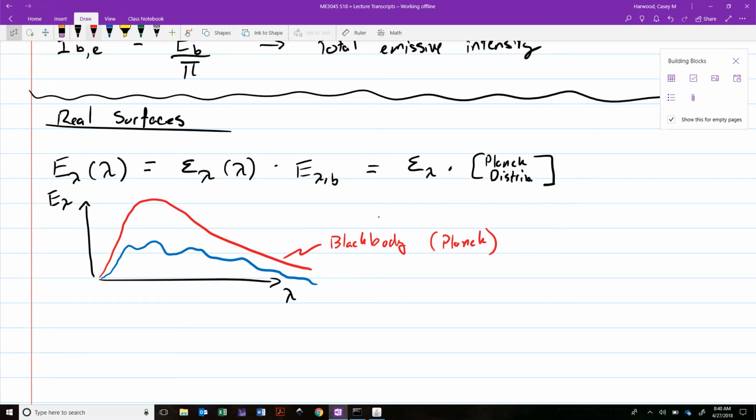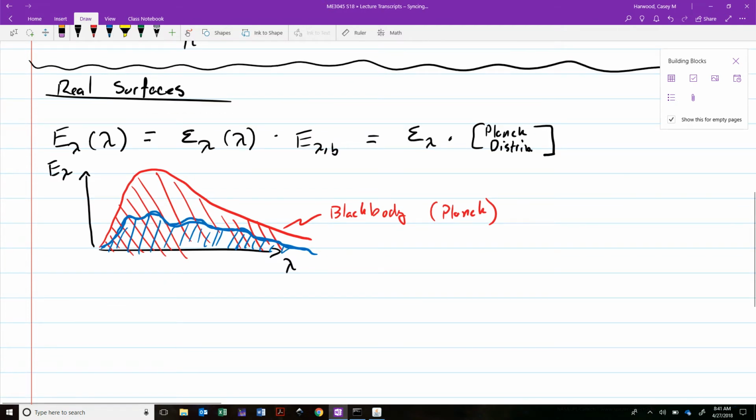If we're interested in generally heat fluxes, this is going to come back to a familiar expression again. Then we're interested in the ratio of the area under these respective curves. So let me kind of retrace that. If we integrated under both of these curves and took the ratio of those, we would end up with what's known as the total emissivity, which is the thing we introduced early on in the class.